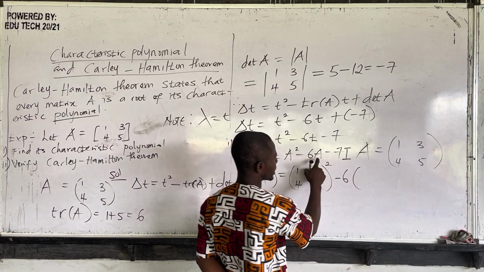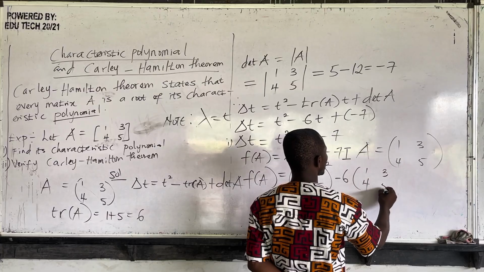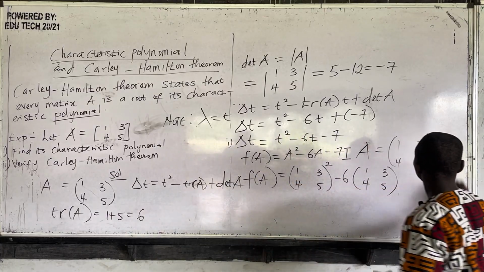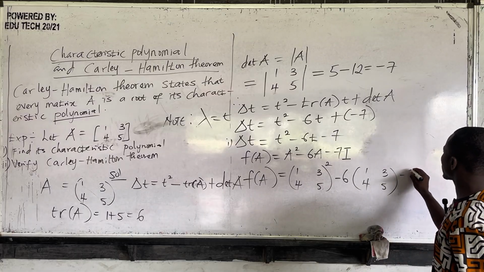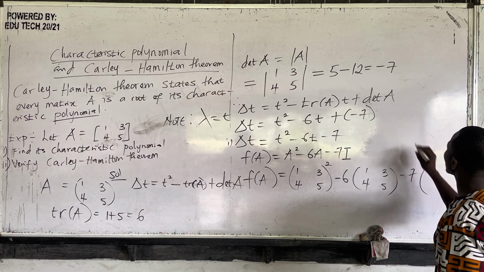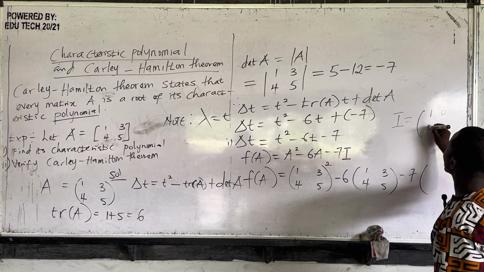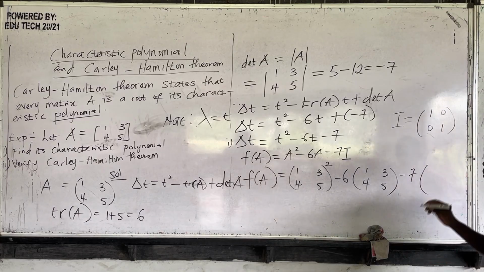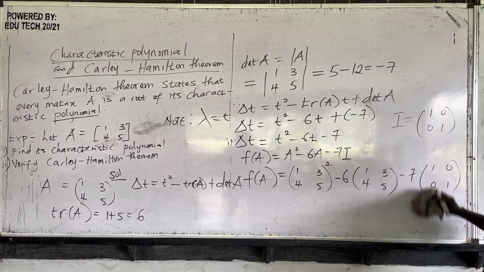Minus 6 brackets. What is my A? 1, 4, 3, 5. Let me clean this. Then minus 7, bracket. Note, the identity element for 2 by 2 is 1, 0, 0, 1. I'll just expand.